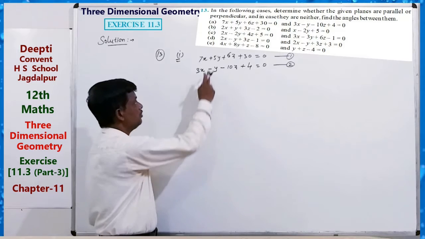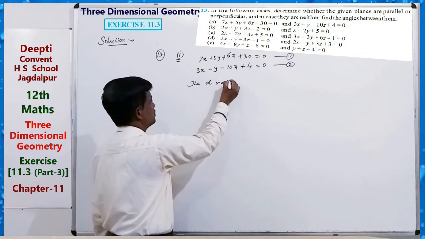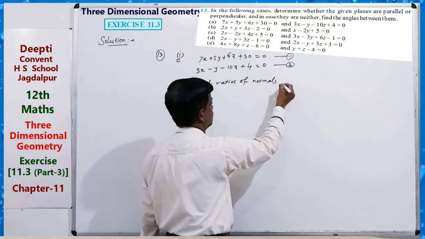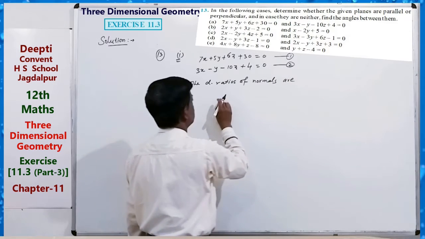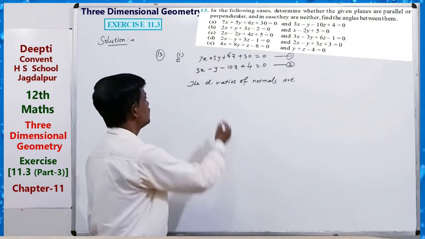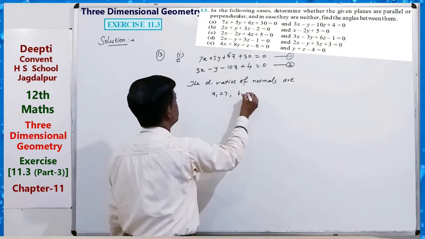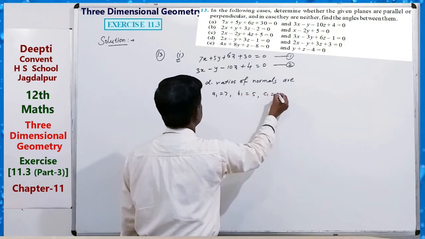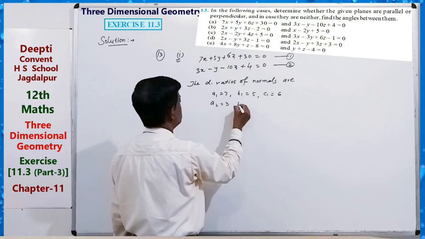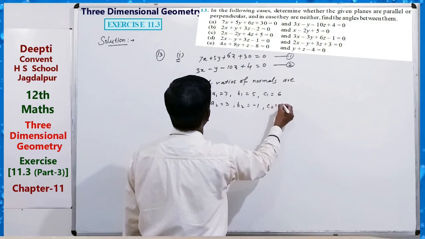Now, the direction ratios of normals are what? For the plane ax plus by plus cz plus d equals 0, they are a, b, c. So here A1 is 7, B1 is 5, C1 is 6, A2 is 3, B2 is minus 1, C2 is minus 10.